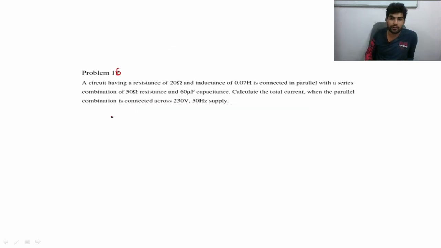And next problem: a circuit having a resistance of 20 ohm and inductance of 0.07 Henry is connected in parallel with the series combination of 50 ohm resistance and 60 microfarad capacitance. Calculate the total current when the parallel combination is connected across 230 volts 50 hertz. We'll draw a diagram now for this question. There is a resistance and inductance connected in parallel with the series combination of resistance and capacitance.